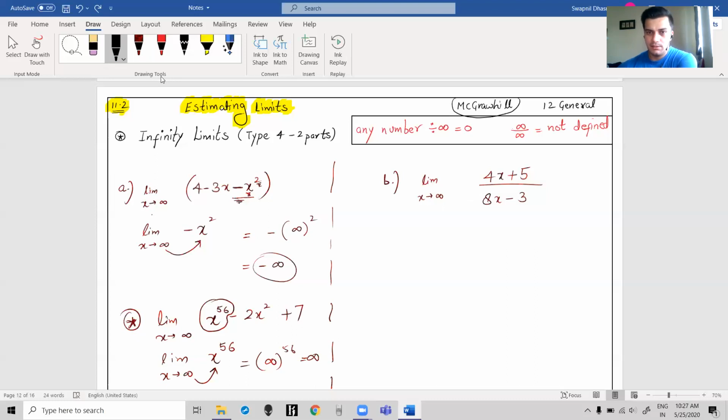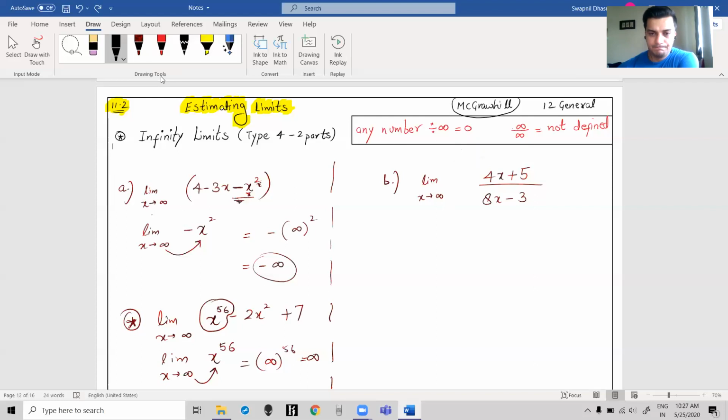Any number, that means 1 divided by infinity is 0. 7 divided by infinity is 0. Anything divided by infinity is 0. Same way, 0 by 0 is not defined, and infinity by infinity is also not defined. So we need to solve this equation.